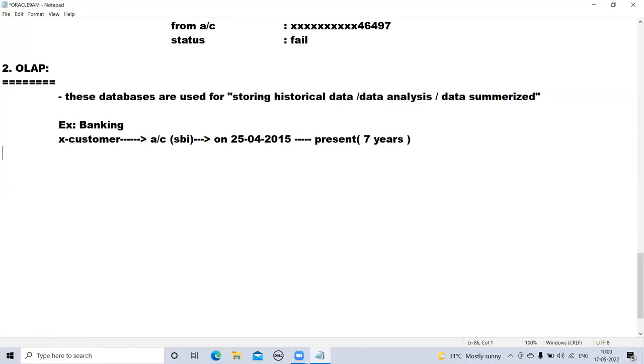So assume that in the 7 years of the account he did almost 5 lakh transactions. So this 5 lakh transactional data or information, I need to store now. Yes or no?